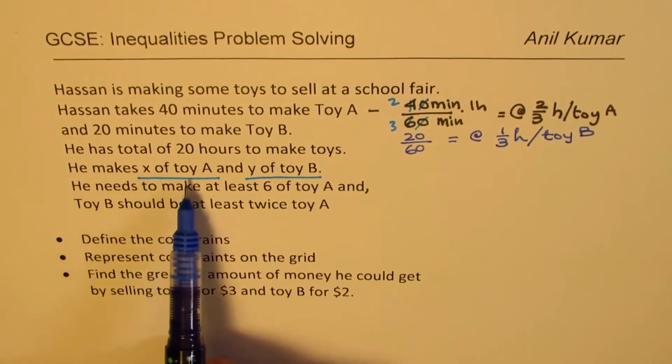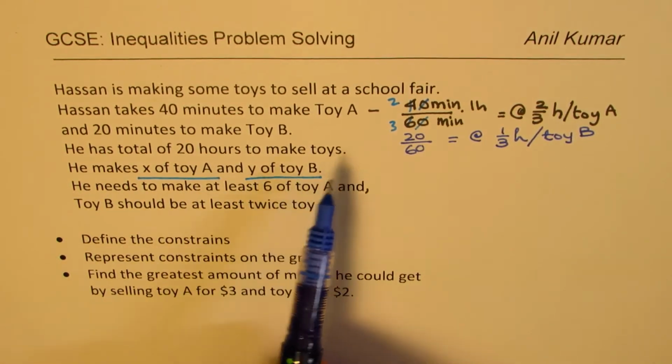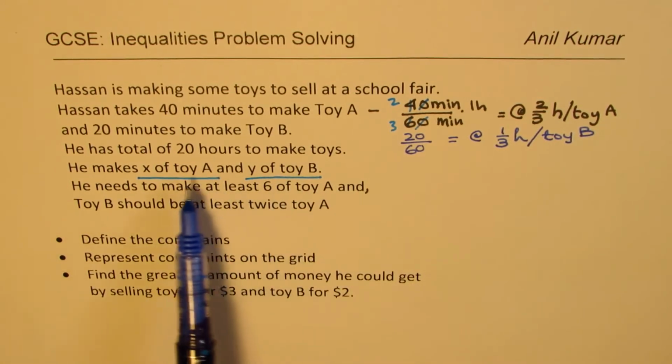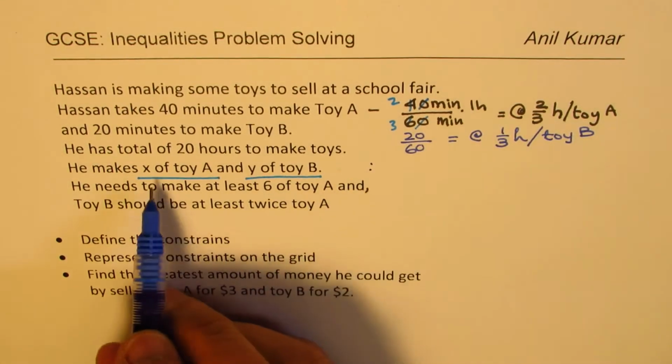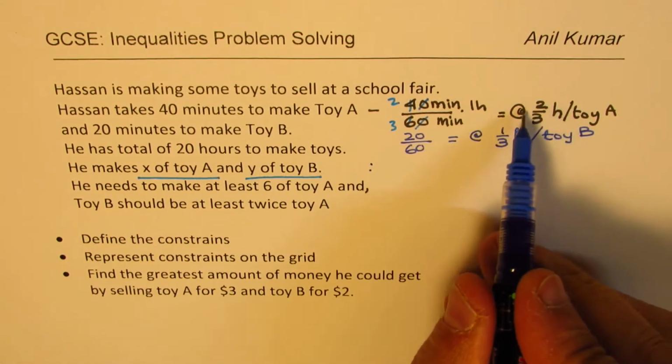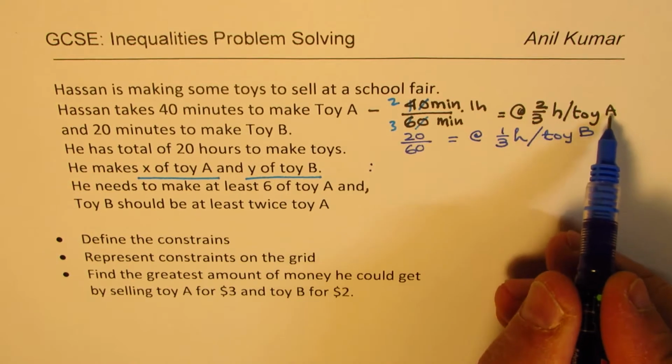Now he makes X of toy A and Y of toy B. So how much time will he take? For X toys, time will be X times the time taken for one toy A, right?